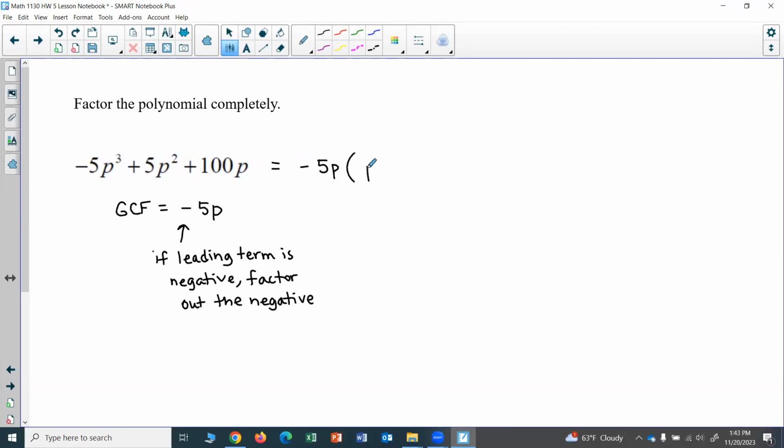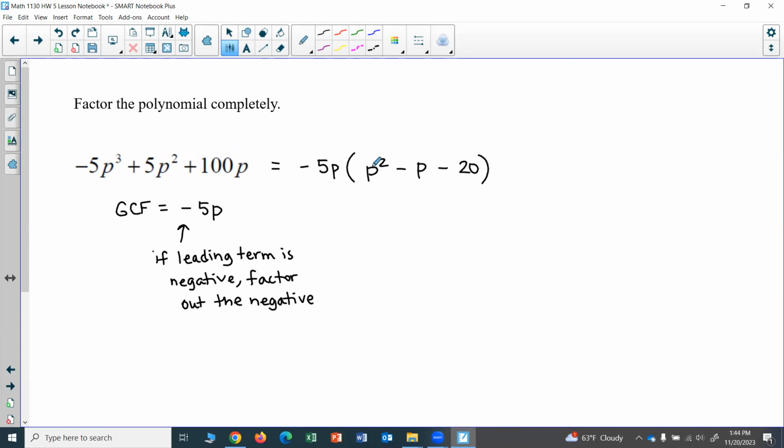So now I'll end up with p squared minus p, because negative 5p times negative p would give me my plus 5p squared, and then minus 20, because negative 20 times negative 5p would give me plus 100p.